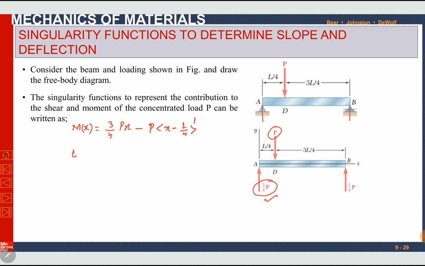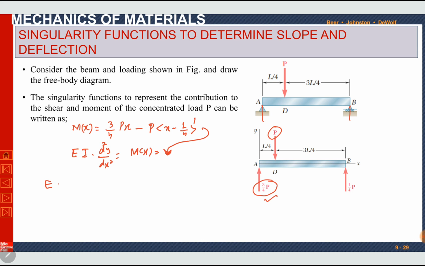Now we will use the famous double derivative expression of moment: EI d square y by dx square equals moment. We will put the moment singularity expression, which has been found from the tables, here. By integrating this expression twice, we can find slope and deflection.